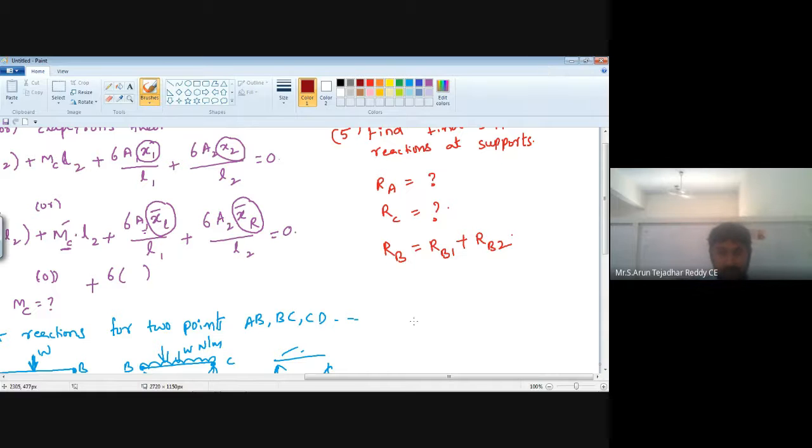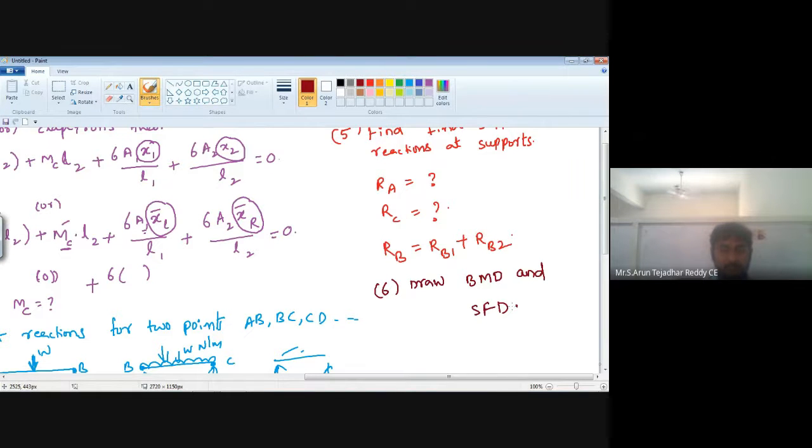Now, what about the sixth point here? See, the sixth point is very important. Up to now, whatever values we calculated, forget about them. Based on that, finally we can draw the bending moment diagram and shear force diagram.